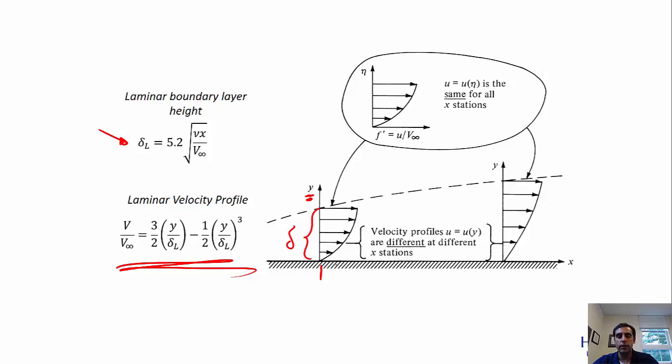Now again, what I was mentioning earlier is if you look at these two velocity profiles dimensionally, they look different, but if you non-dimensionalize them, both of them collapse into a single shape. And that is the Blasius solution, which is gained from a process known as a similarity solution to the differential equation.